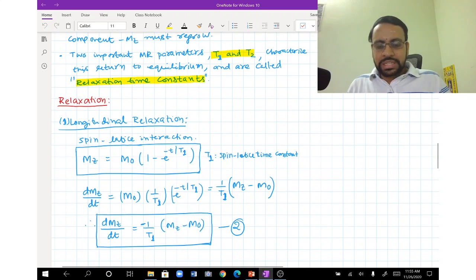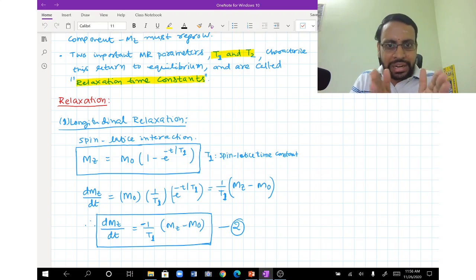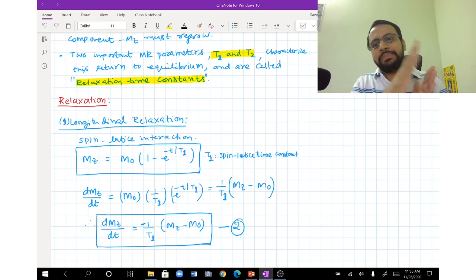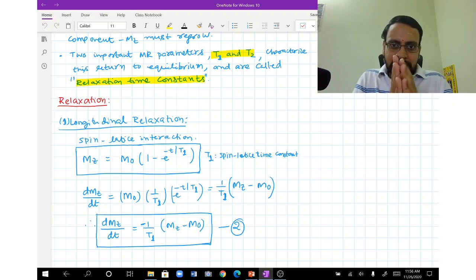We will just have an intuition here rather than a very rigorous proof. You assume the magnitude of this vector as M naught. Finally, after a sufficiently long time, this would again come back to M naught, and the way it recovers is going to happen exponentially.